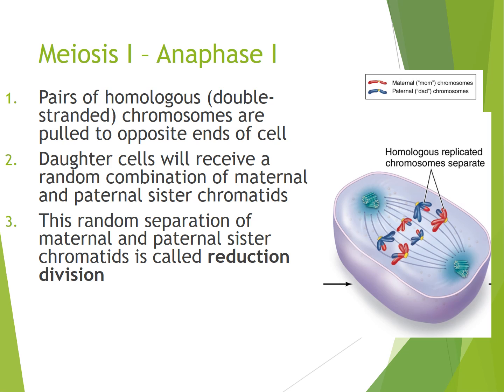Thus, there are only 23 chromosomes instead of the original 23 pairs. Each pair of chromosomes are no longer together. However, each sister chromatid is still matched together.